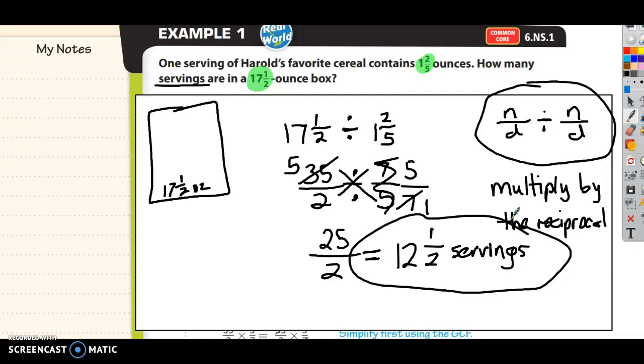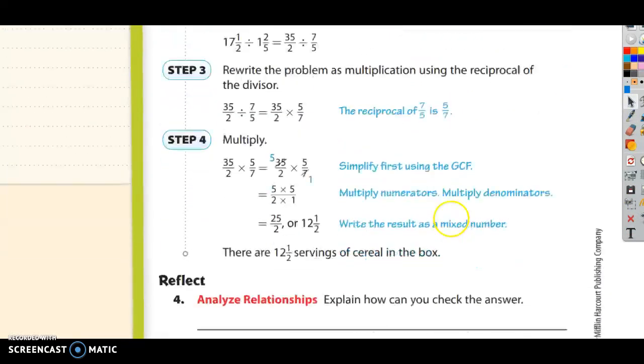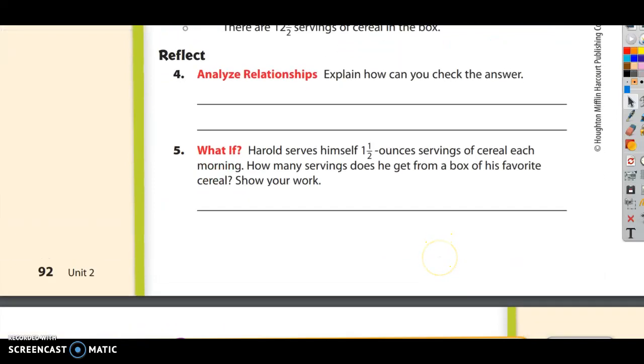All right, so I've shown you how to do it, and you have the example here in the book. Let's go down to the bottom of the page and check it out. Reflect number 4 says, explain how you can check the answer. You can multiply.